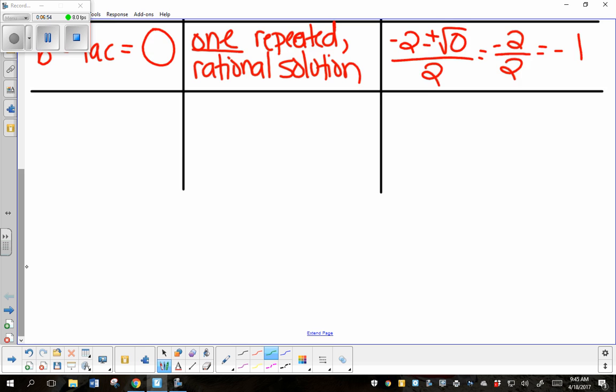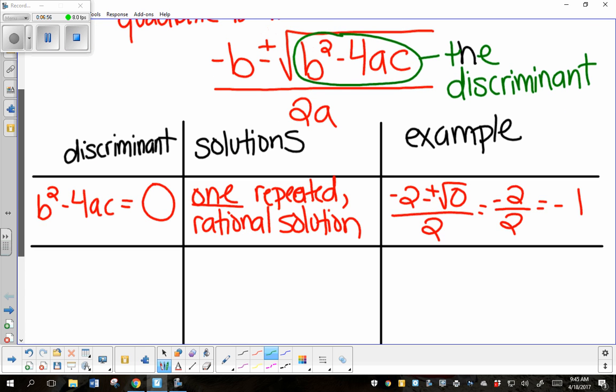All right, so now let's say in your square root, you got a positive number and it's a perfect square. What could it be? 16, 64, 24 is not a perfect square, 25.